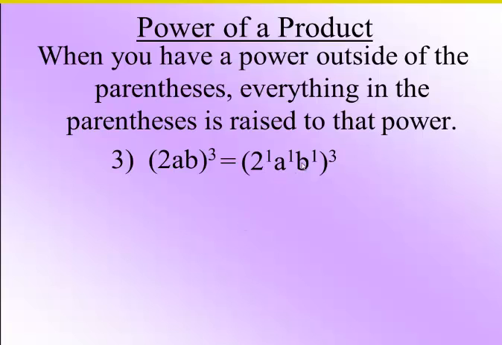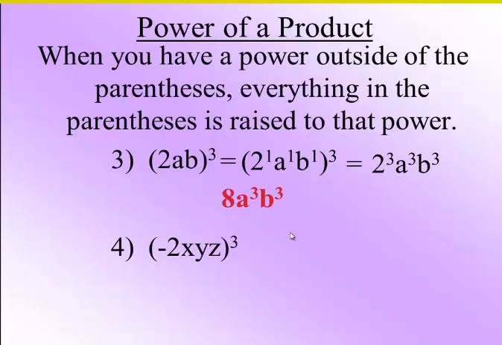Now we are ready to distribute our exponent here. So 3 times 1, 3 times 1, and then 3 times 1. So we will have 2 raised to 3, a raised to 3, and then b raised to 3. But we know that 2 raised to 3 is just equal to 8. So our final answer will be 8 times a cubed and b cubed.